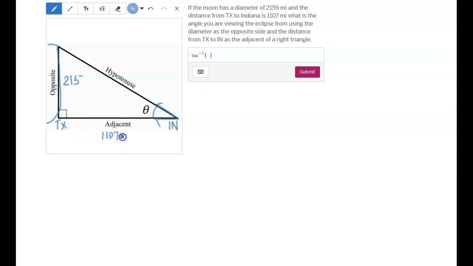And since both of these are miles, we don't need to do any conversion. We can just plug it straight into our calculator, and it's going to give us the angle which we will be viewing the eclipse from.